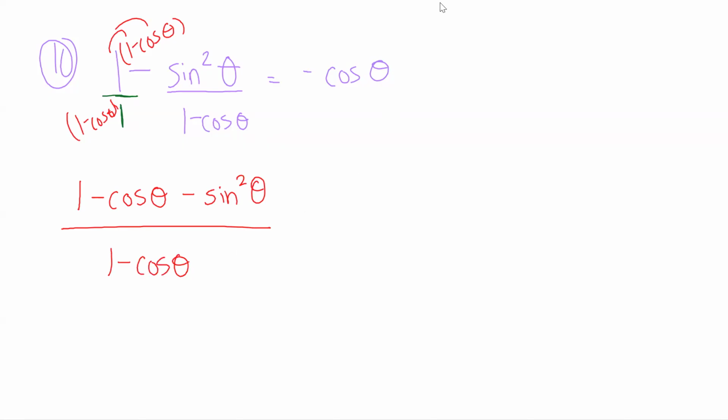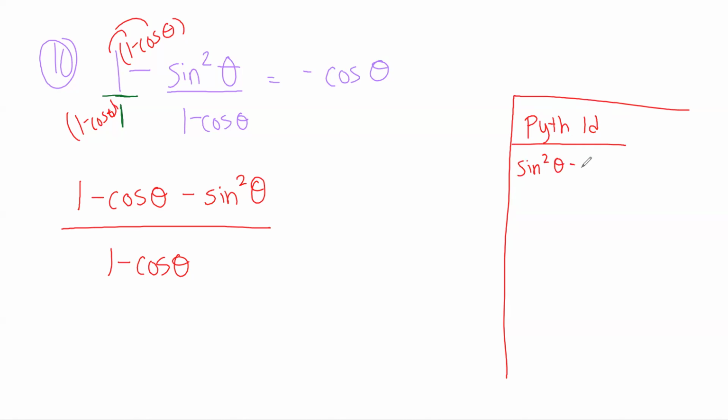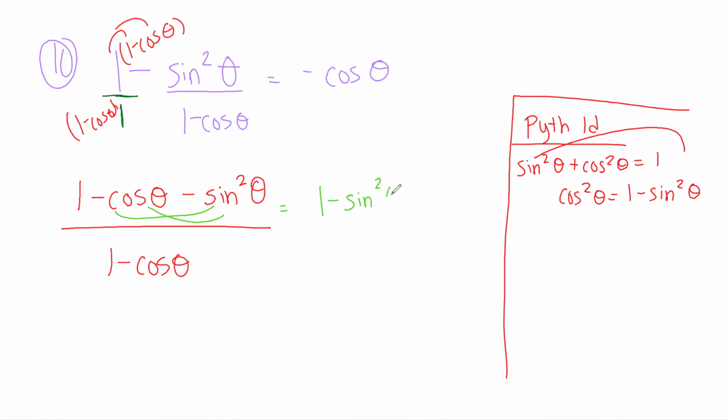All right. So again, come to your cheat sheet and let's think about our Pythagorean identity of sine square plus cos square is 1. What if we move this over? Cos square is 1 minus sine square. Now, we don't have that exactly, but we're allowed to change order, so we could just switch these two. Let's change the top of this to be 1 minus sine square minus cos.